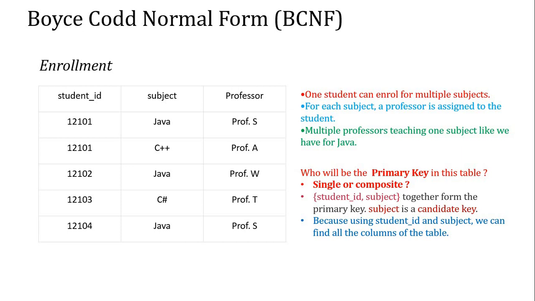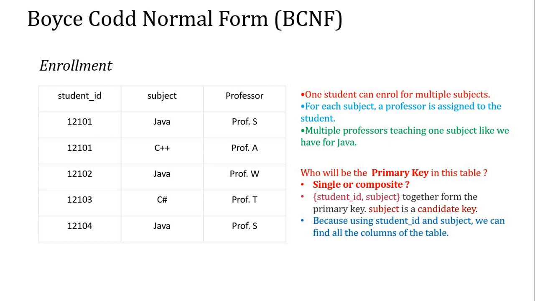Who will be the primary key in this table? If we look at this table, who can be a primary key: student, subject or professor? Can we make a single attribute the primary key, or will we take multiple?